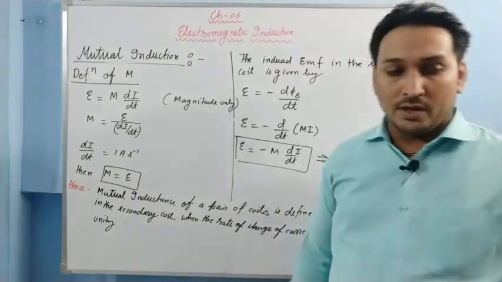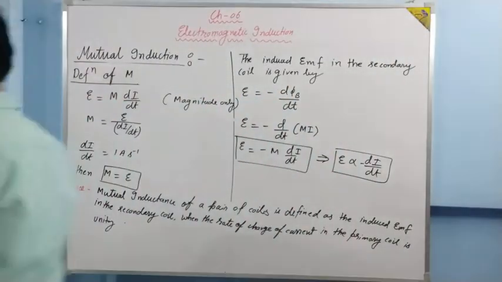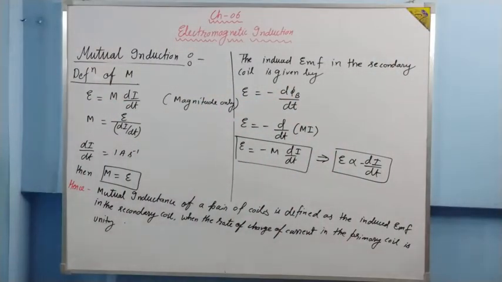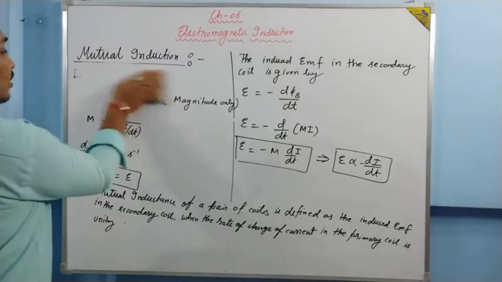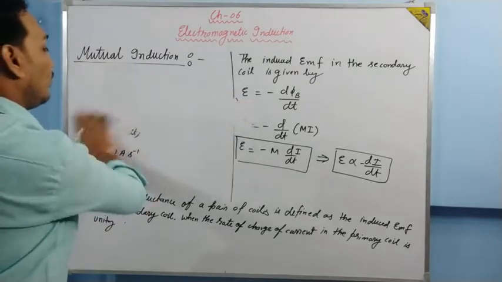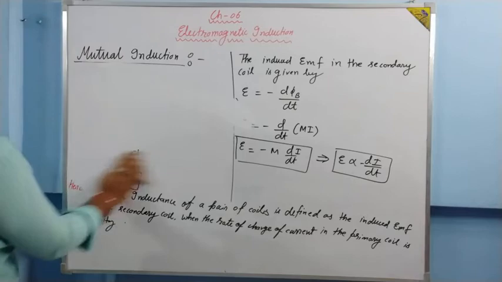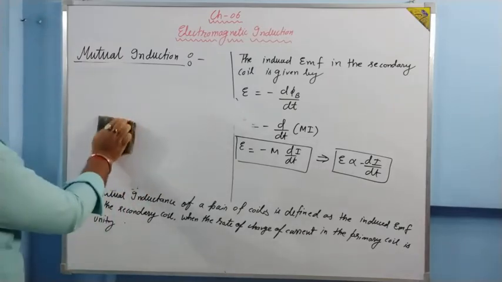Okay. Now let us discuss its unit. What are the units of coefficient of mutual induction? If you remember, coefficient of mutual induction has the same unit as self-inductance had.